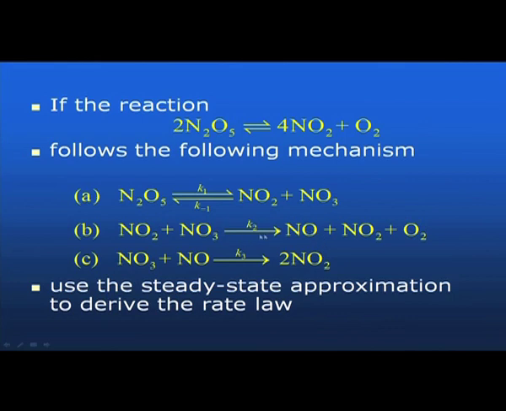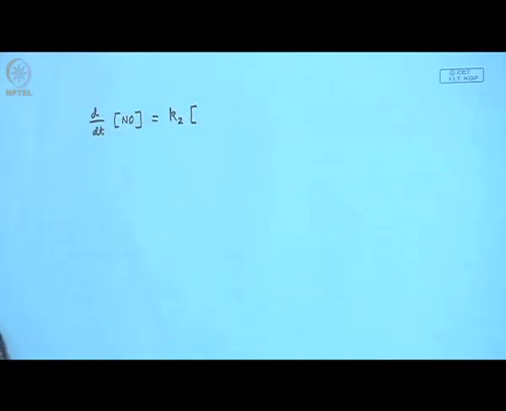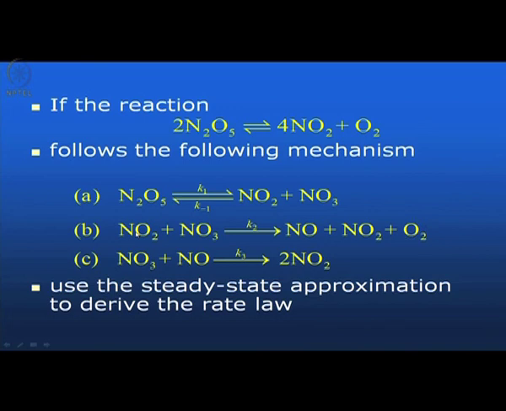Here NO is produced and here NO is used up. NO is produced means rate of formation of NO2, so K2 into, it is an elementary step, so you can directly write the concentration terms into your rate equation.